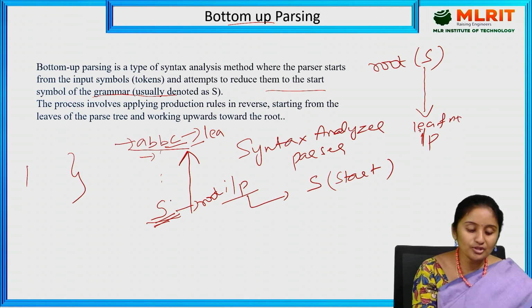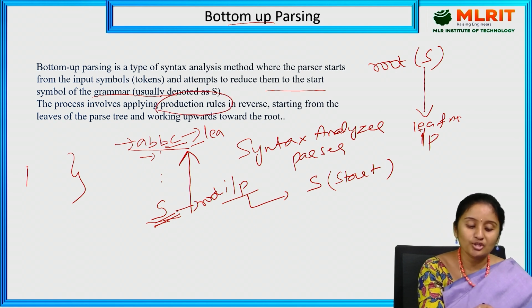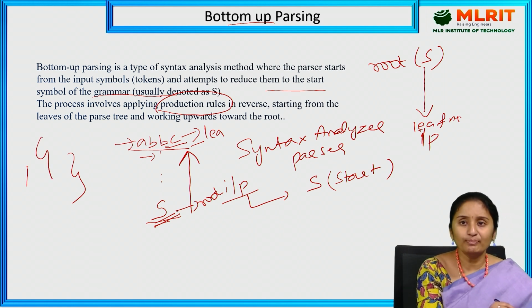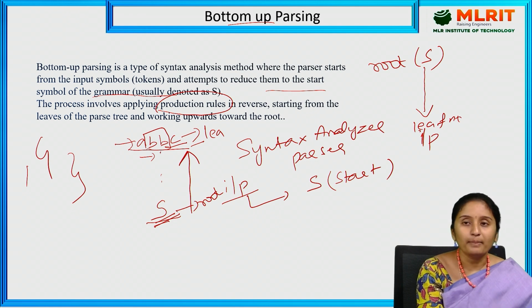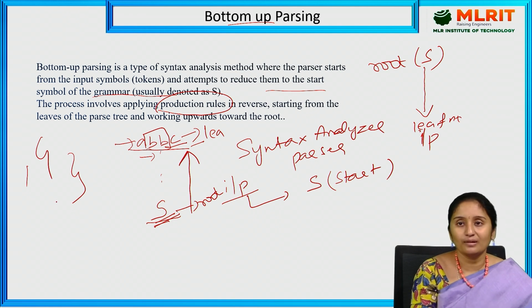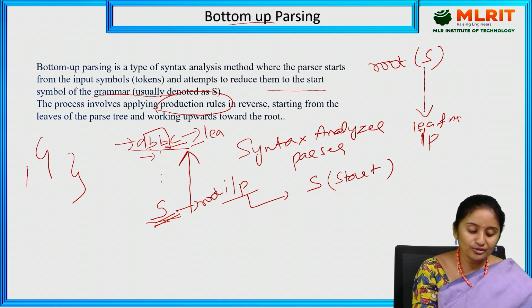How do we generate it? By applying the production rules, which are in the grammar. If we find any substring matching a production, we replace it, that is, we reduce the substring to the left-side non-terminal. Then we get the start node.